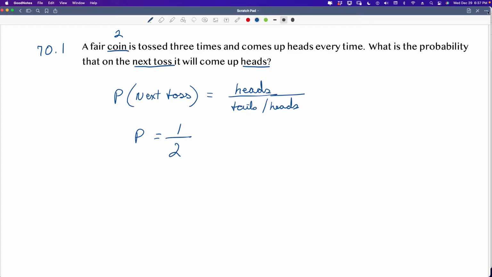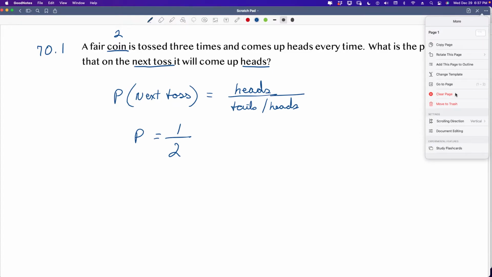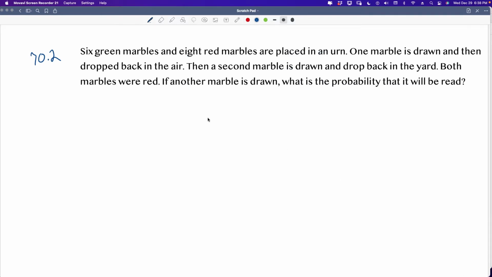Let's look at 70.2. And I'm going to type that one as well. All right, just give me a moment for that. All right, so here's our problem. We have 6 green marbles and 8 red marbles placed in an urn. All right, so here's our urn.